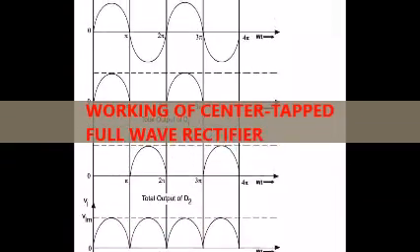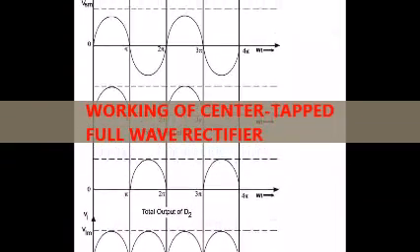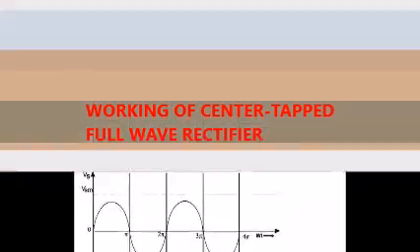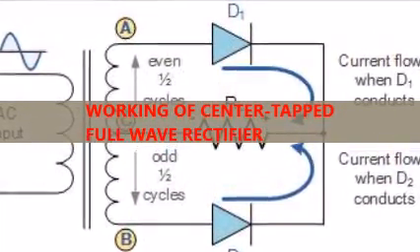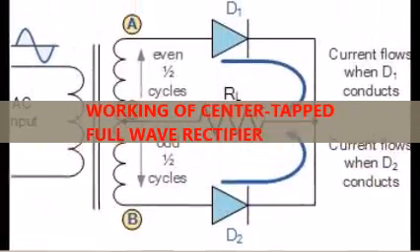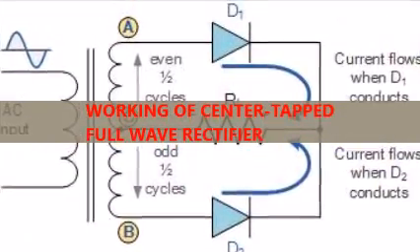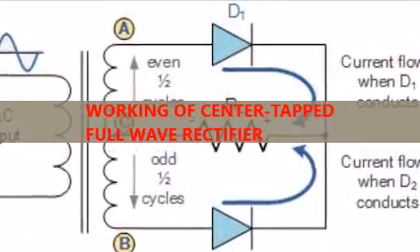Working of center tap full wave rectifier. As shown in the figure, an AC input is applied to the primary coil of the transformer. This input makes the secondary ends P1 and P2 become positive and negative alternately. For the positive half of the AC signal, the secondary point P1 is positive, GND point will have 0 volt and P2 will be negative.